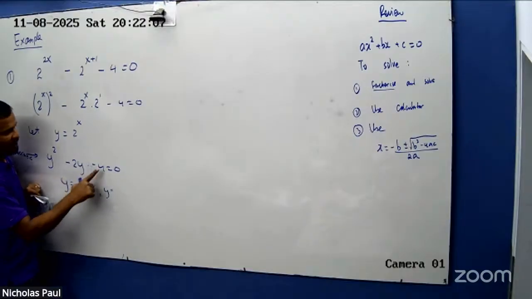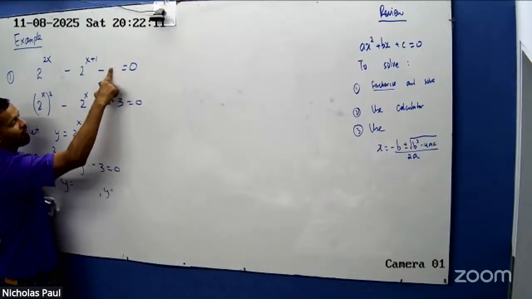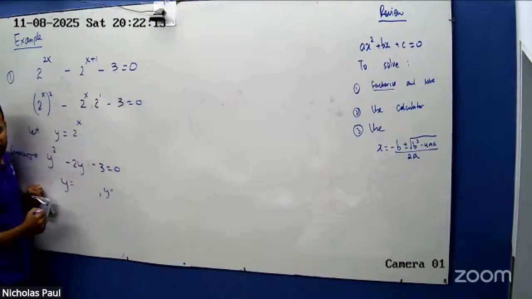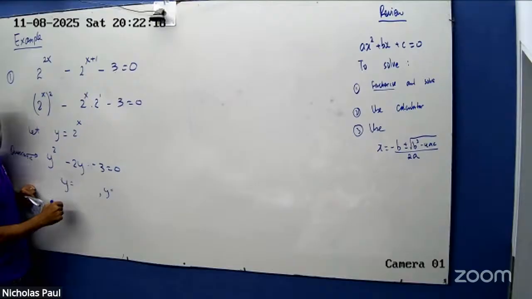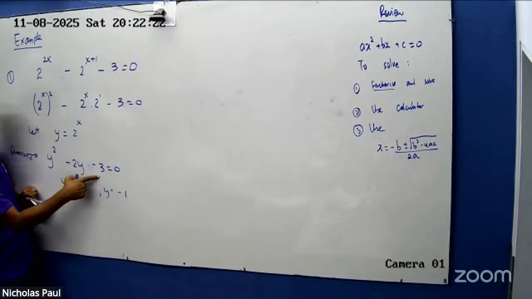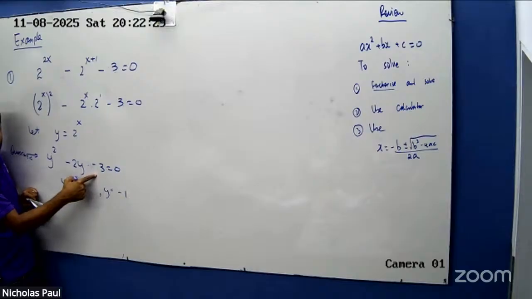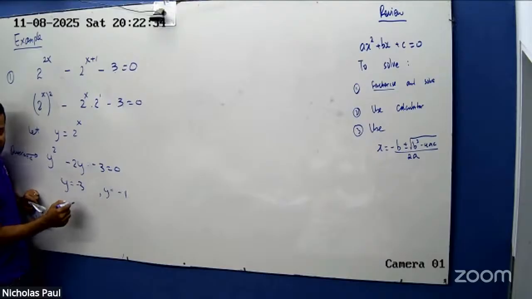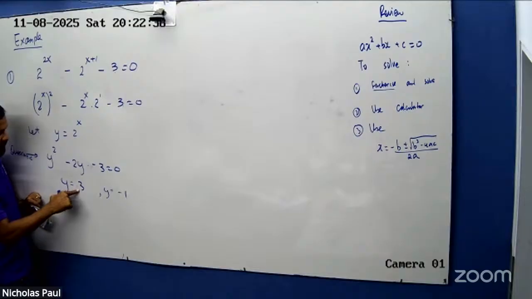Actually, hold on. Change this to 3. It might work out nicer with a 3. With a 3 here, 3 and minus 1. Okay, it didn't work out nice before, but you put 3 on the end: y squared minus 2y minus 3, and you get 3 and minus 1.